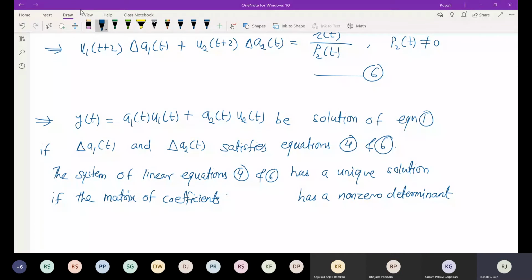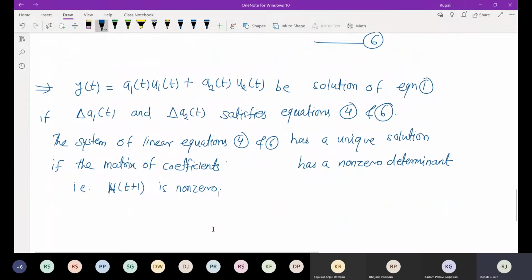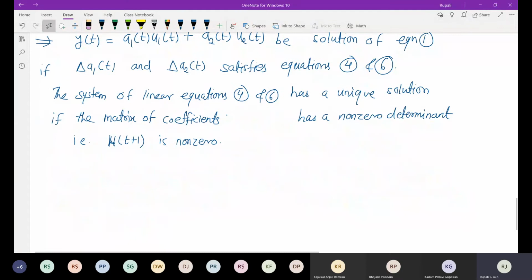Is that okay? Yes, ma'am. Wronskian at t plus 1 non-zero. So this is for second order.